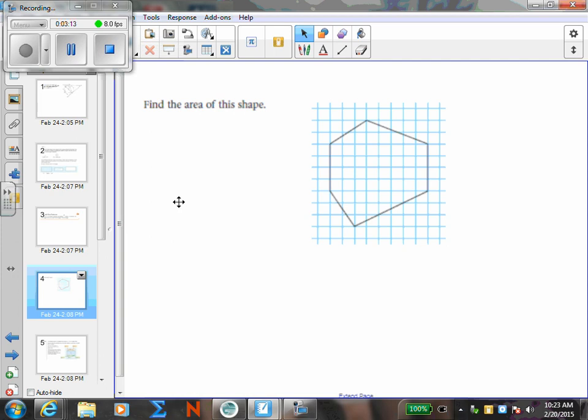Here's an example of where you will want to find the area of a shape. Right now, the only equation that you know is for a rectangle. So I want you to use rectangles to find the area of this shape. So that means you're going to have to create some rectangles. So I'm going to make a rectangle right here.